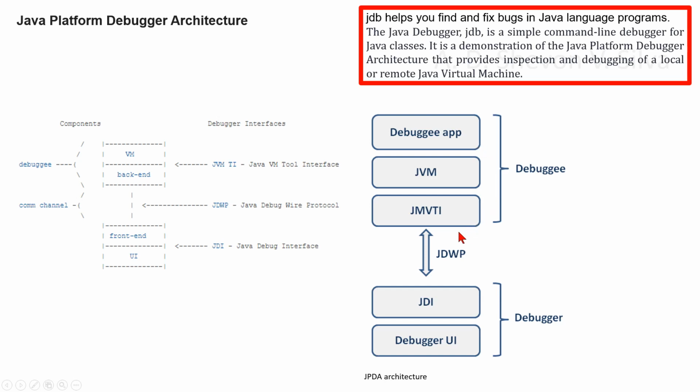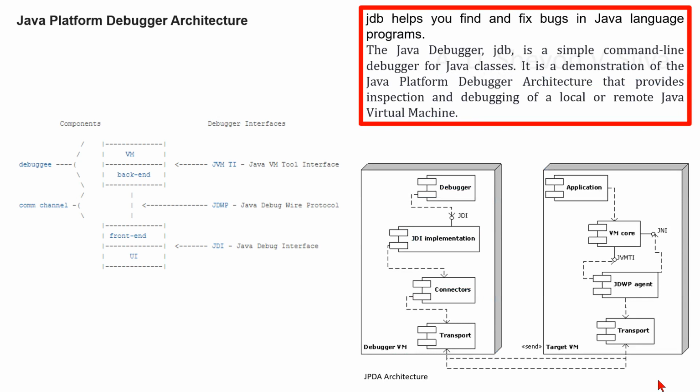And here JVM TI interacts with JDI via JDWP, and JDI and the Debugger UI are in the Debugger here. Here you can see the JPDA architecture.